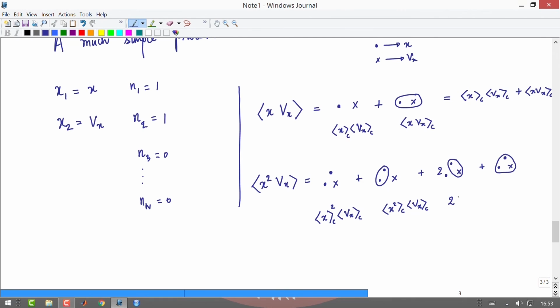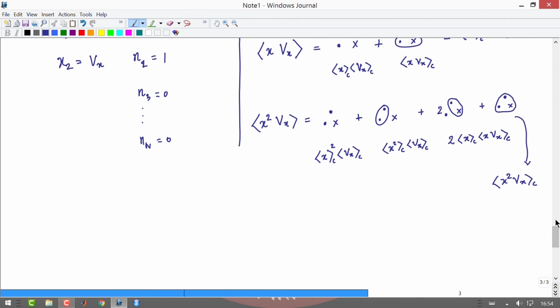The third combination is 2 times, and the fourth combination is, I'm going to write it here. So that is basically the value for the joint moment of x square and Vx.